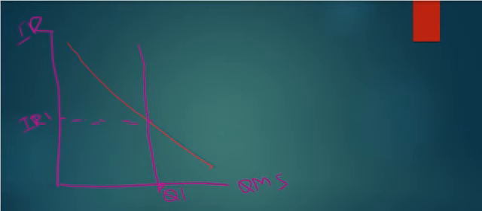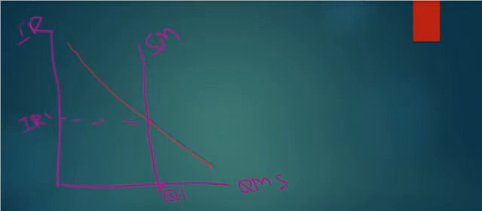So generally supply of money is perfectly inelastic and it doesn't respond to interest rates, rather it controls the interest rate by controlling the supply of money. That is the reason we see the supply of money here is perfectly vertical.